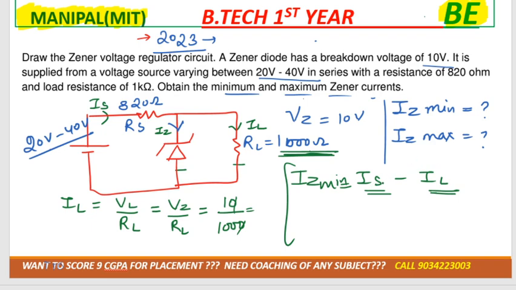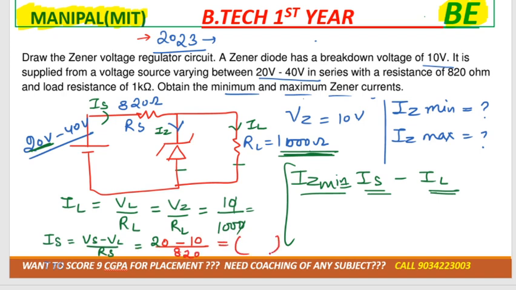Now next we need to calculate IS, right? So IS is how much? VS minus VL divided by RS. VS, if I took IZ minimum, then the voltage will also be minimum. So that would be 20 minus VL is 10 because VL is equal to VZ, divided by 820.